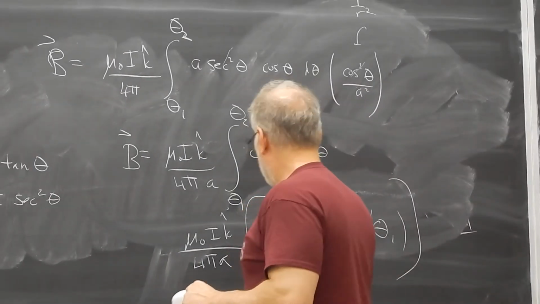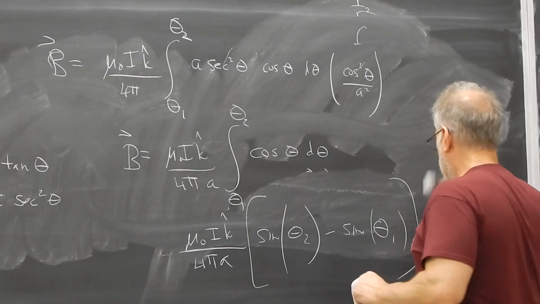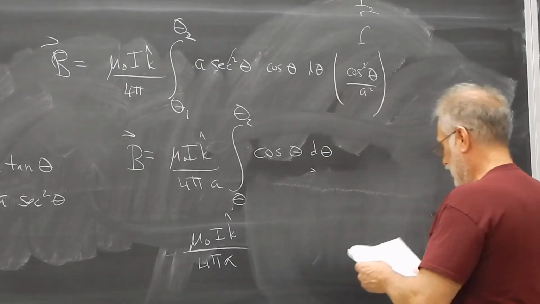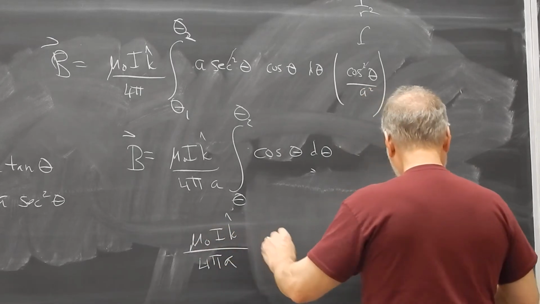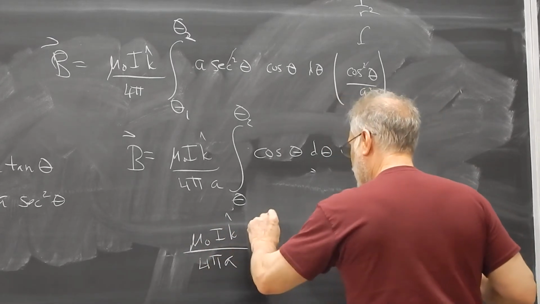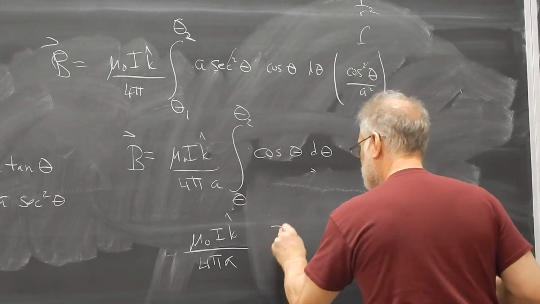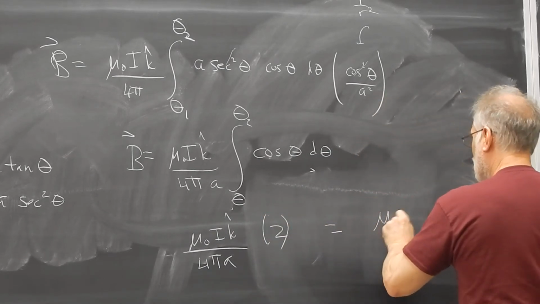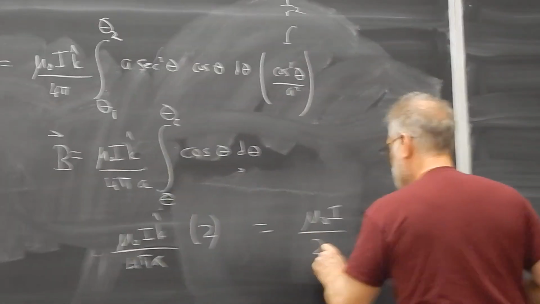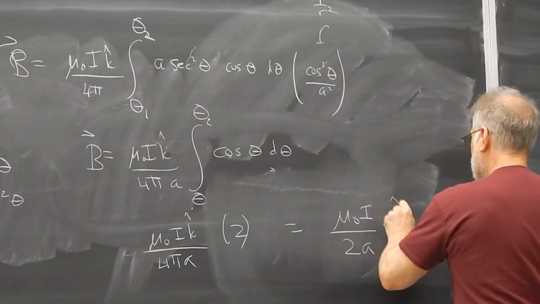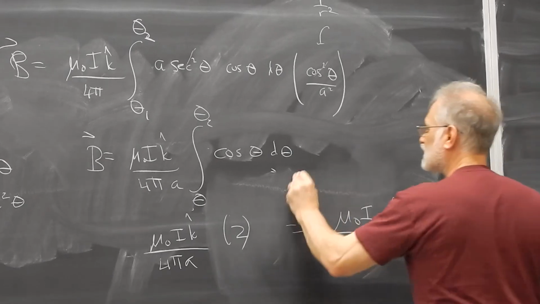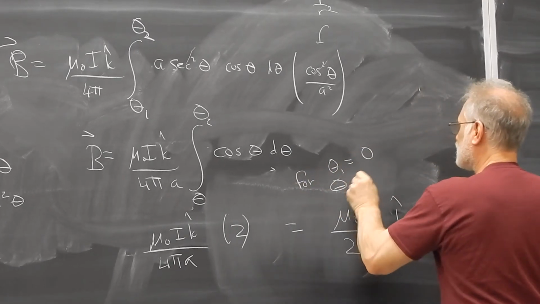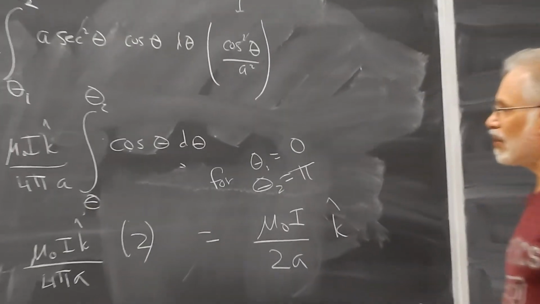If we do that and put my limits in, when I do that integral, I'll get 2, which will give me then B equals mu naught I over 2 pi a in the k direction. So this is for theta 1 equal to 0 and theta 2 equal to pi. That will work out very nicely.